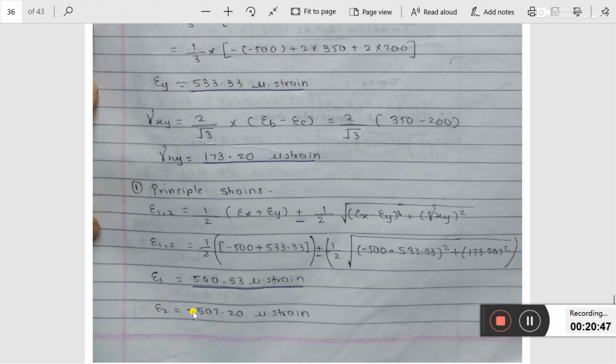So here I have calculated the values of the principal strains: epsilon 1 is equal to 540.53 microstrain by taking the addition, and epsilon 2 is equal to minus 507.20 microstrain by taking the subtraction. So like that I have calculated the values of the principal strains.